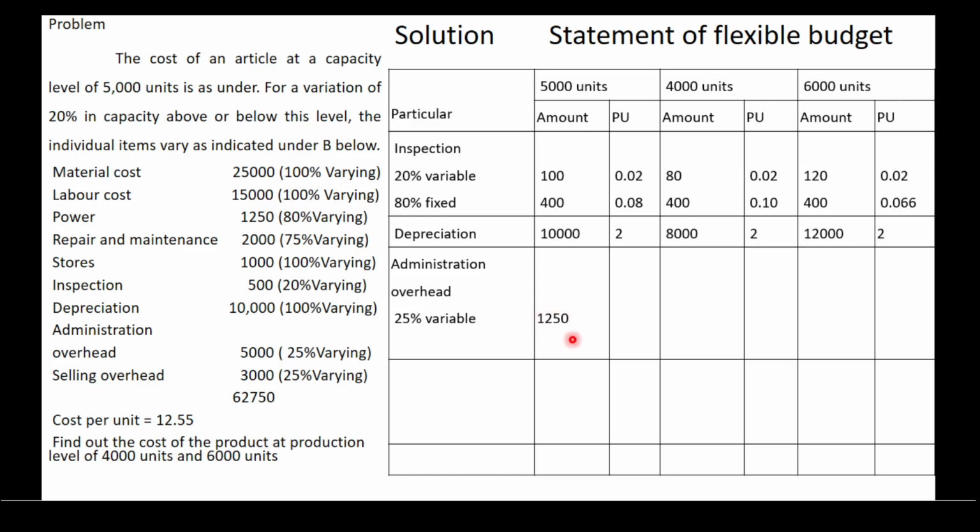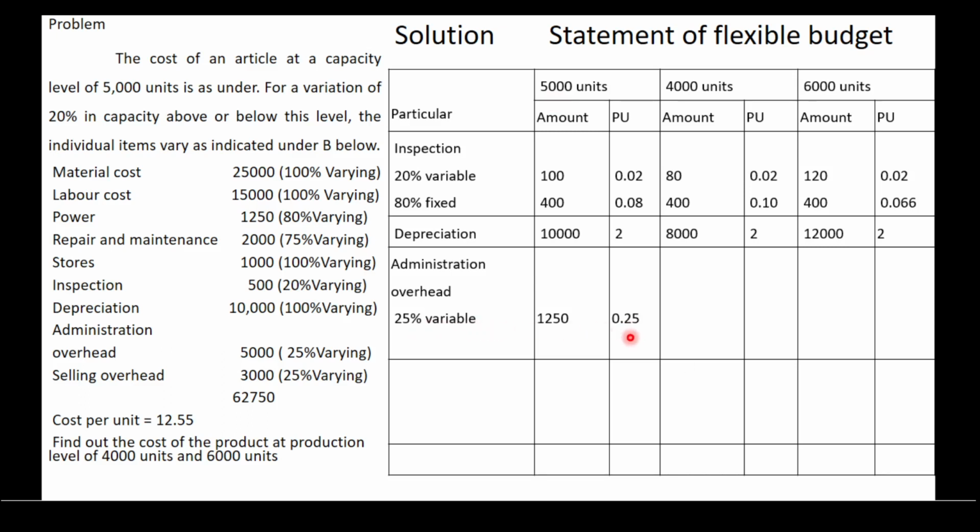1250 rupees. Then we calculate the cost per unit as 1250 rupees divided by 5000 units. So now the cost per unit is rupees 0.25. So this is the variable.